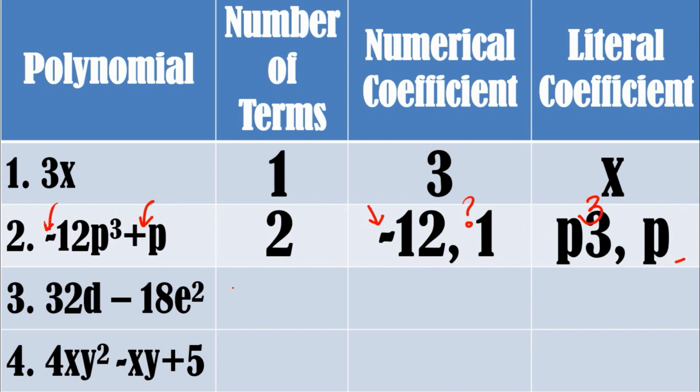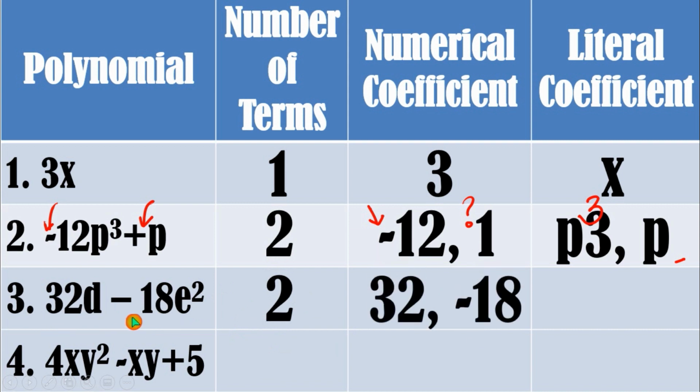Okay. And then we have number 3, 32d minus 18e squared. The number of terms is 2. The numerical coefficient is what? 32 and negative 18. You may wonder, ma'am, where did this negative come from?